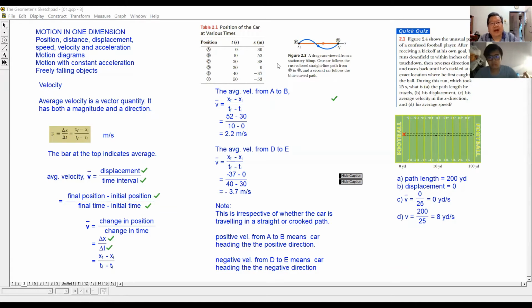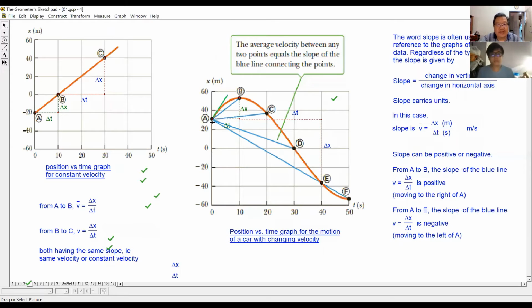And so on. The graph is actually here. This one. So position A is here, then B they go up, then come down, and so on.